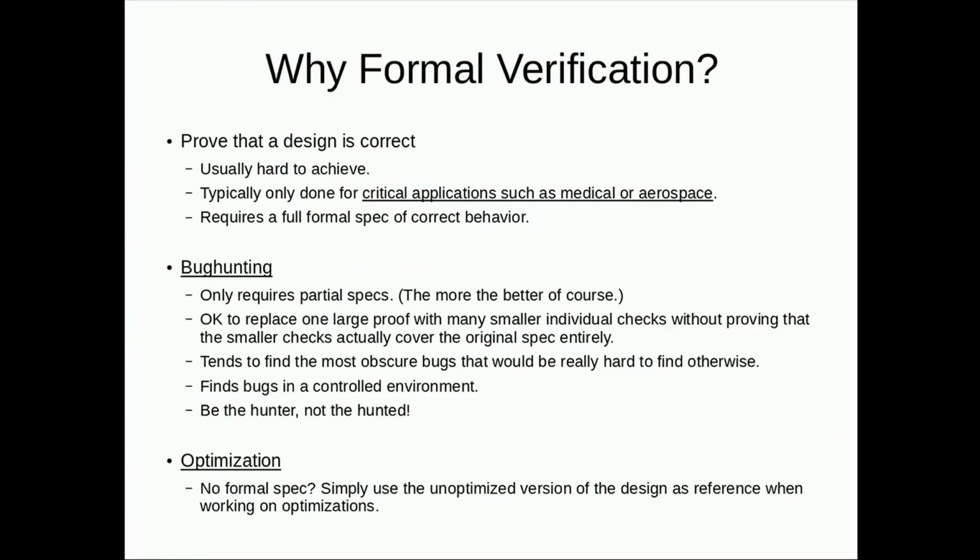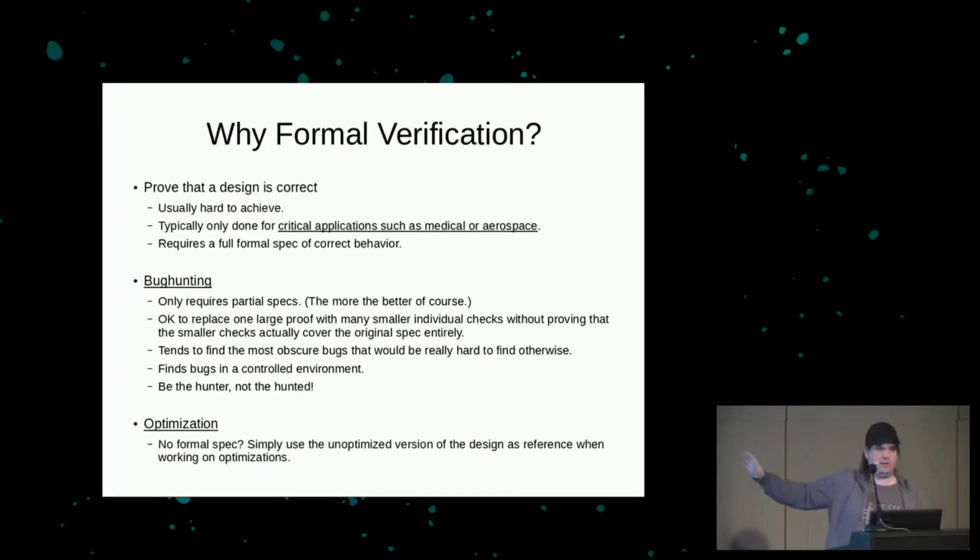But it can be really beneficial to have those tools for bug hunting. Usually they will find bizarre, really obscure bugs that you would never find using handwritten test benches, because nobody comes up with the crazy things these tools do with your design in order to trigger an assertion. Not only will it find bugs, it will find those bugs that are really hard to find in the field.